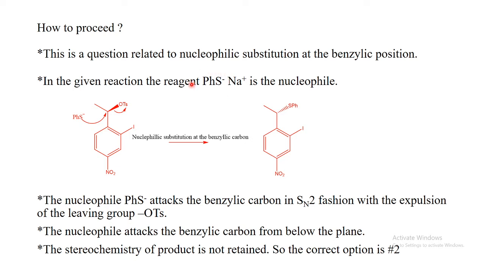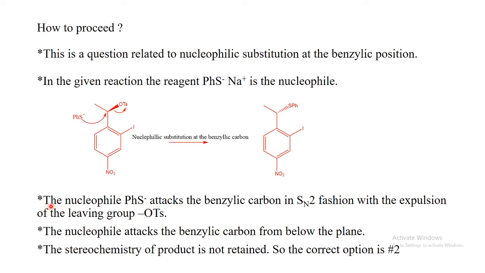So the thiophenolate ion is the nucleophile. So what is the job of a nucleophile? The job of a nucleophile is to transfer its electron pairs to a carbon. So here the nucleophile will attack the carbon at the benzylic position.